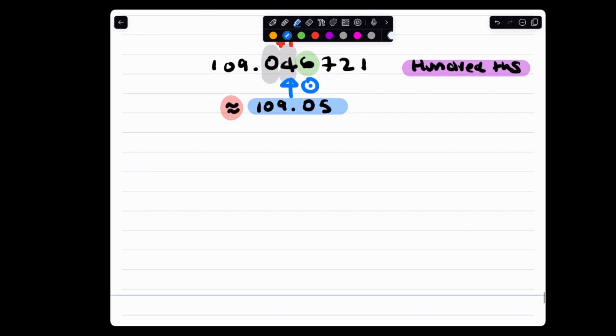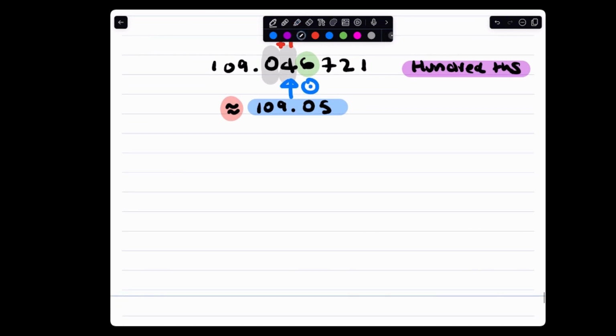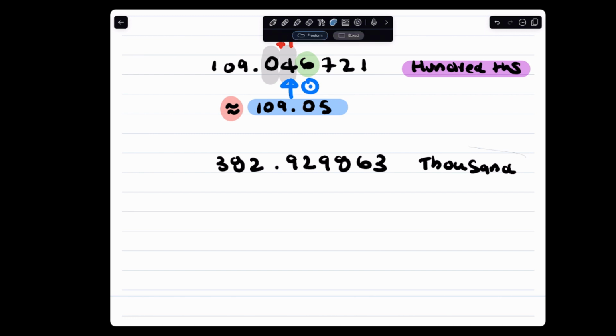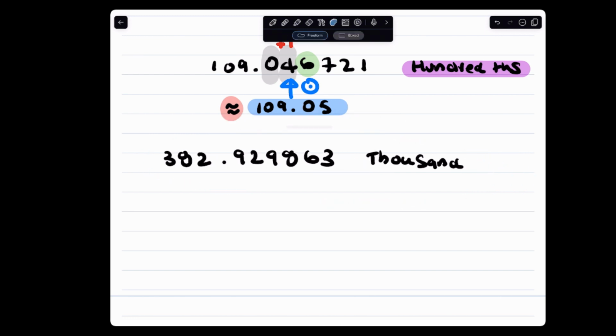All right. I'll give you guys some more here. What if they gave you 382.929863, and now they want you to approximate to the thousandths position?